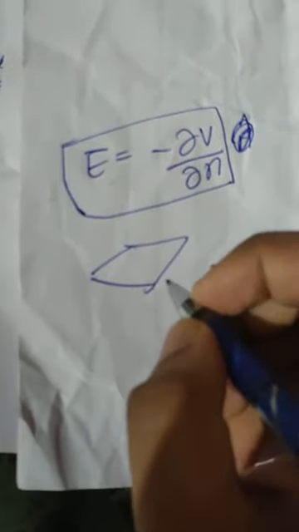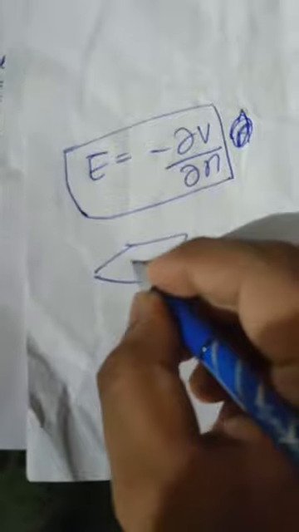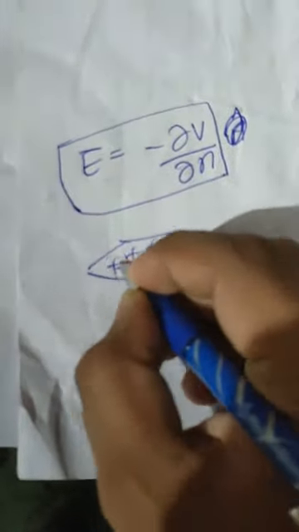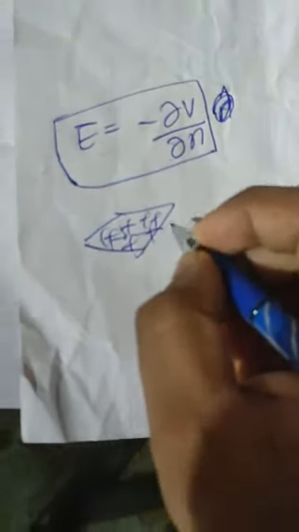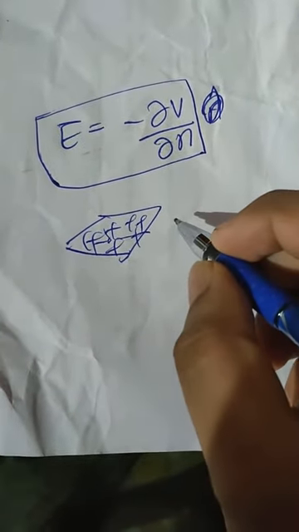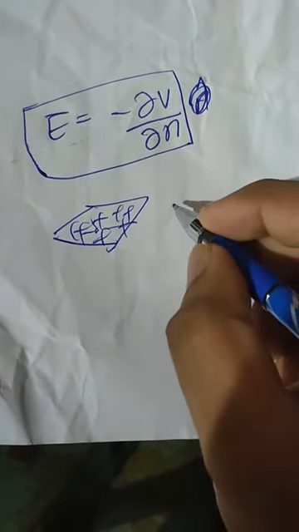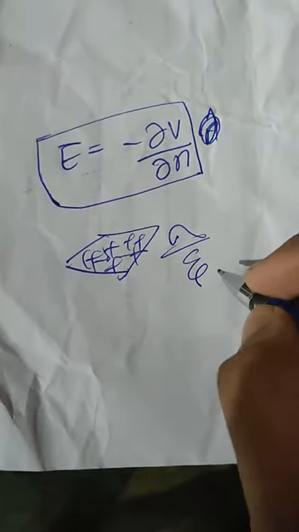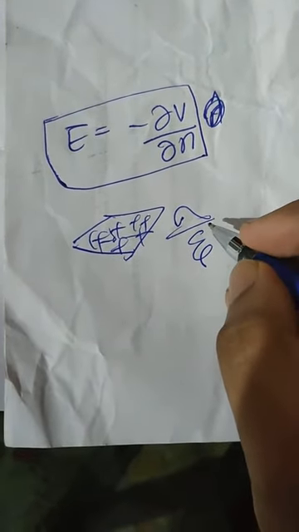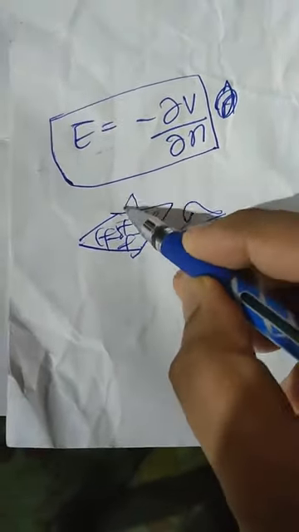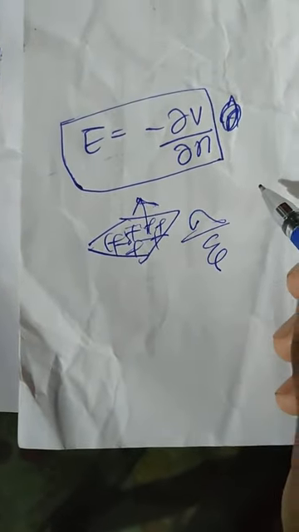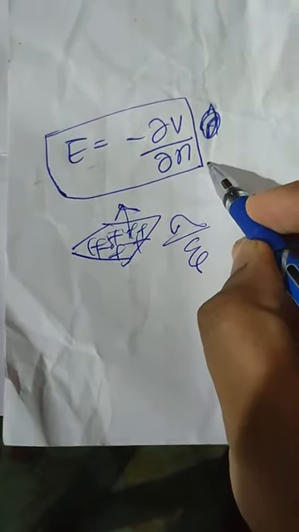And also we know that for the infinite charge plane configuration, suppose we have charge, for the sake of simplicity we take positive charge, and the electric field at any distance due to this charge configuration is sigma by epsilon, and that goes perpendicular to this direction. The same thing happens here.